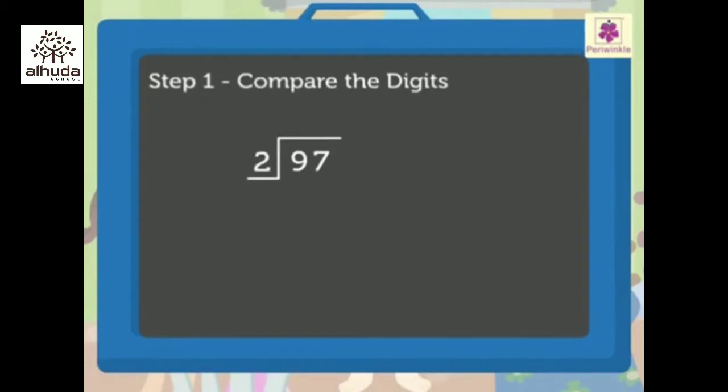We compare the leftmost digit of the dividend with the divisor. Here, the leftmost digit is the digit in the tens place, that is 9. 9 is greater than 2, and therefore we can divide 9 by 2.